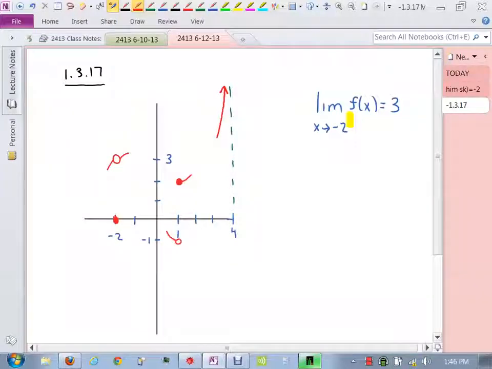Where am I supposed to be headed if I'm approaching 4 from the right? Headed towards 0. So how do I do that? On the x-axis at 0, right? Put a what? Solid or open? Open.